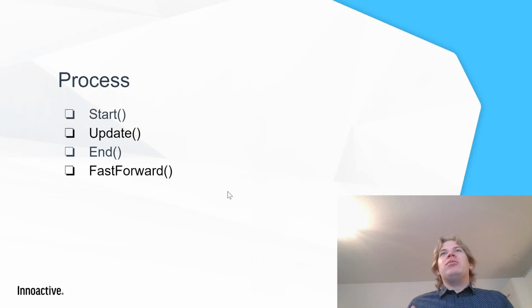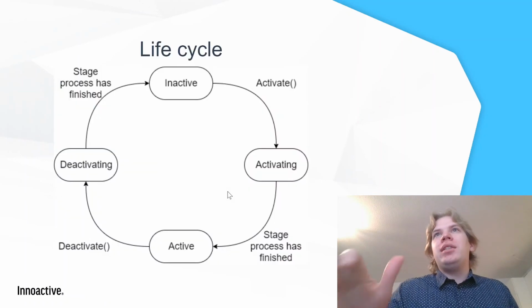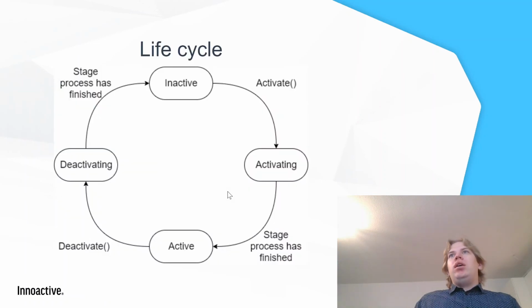I guess you have noticed already that there is a fourth method, fast forward. So what is fast forward for? Well, the first example is, say we are in the active stage and we are going through the active stage process, and our parent tells us to start deactivating.